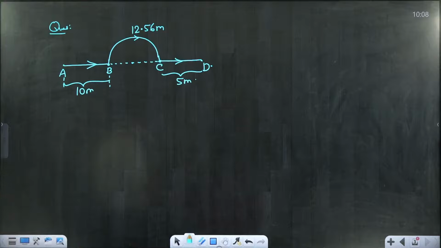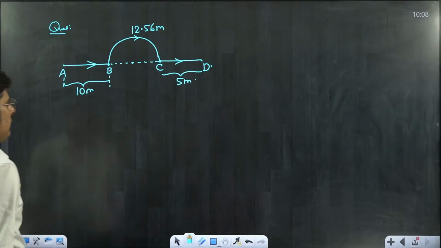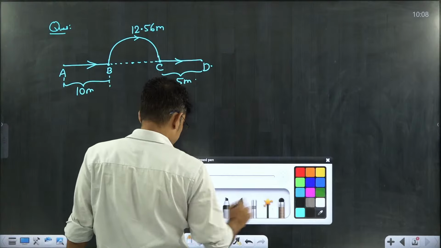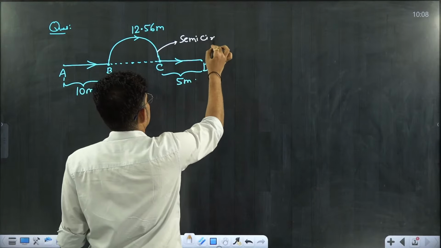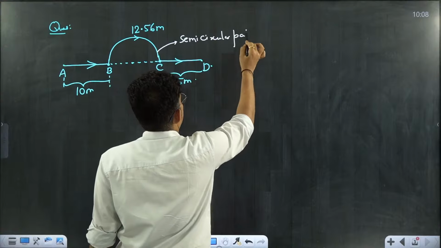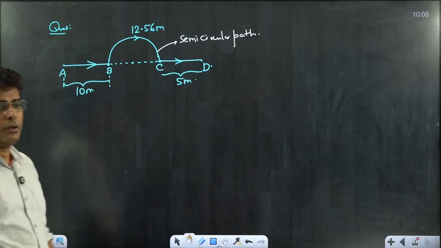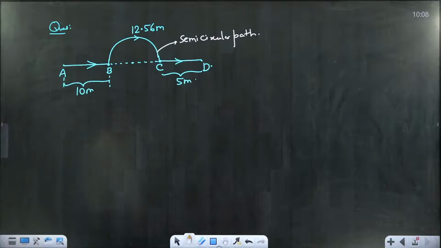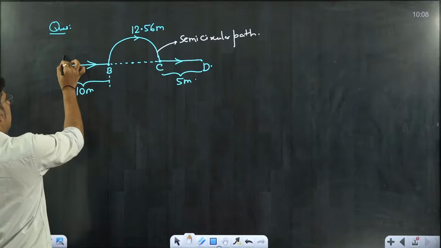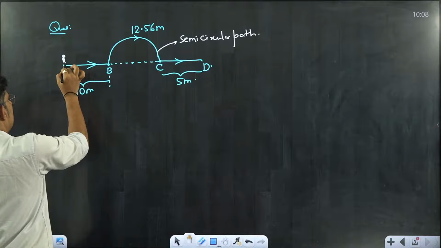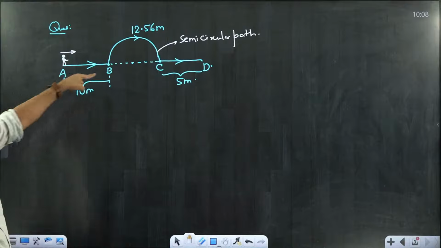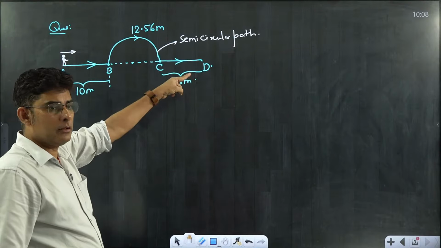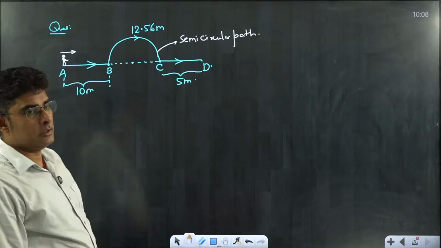So here we have a straight line path, then we have a semicircular path, and again a straight line path. So if this person, who again was standing over here, now starts moving like this, goes along AB, then follows this path and then goes horizontally like this.